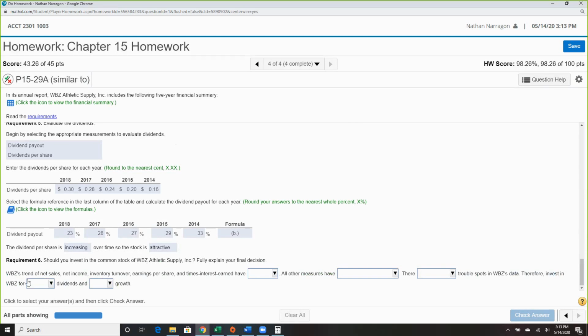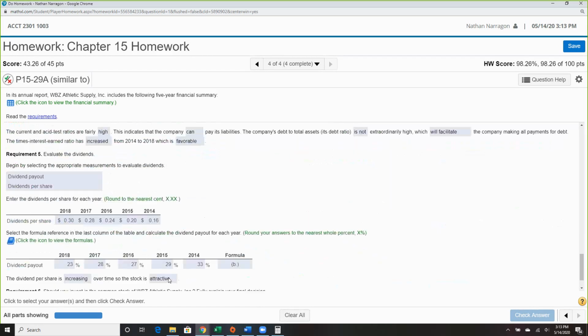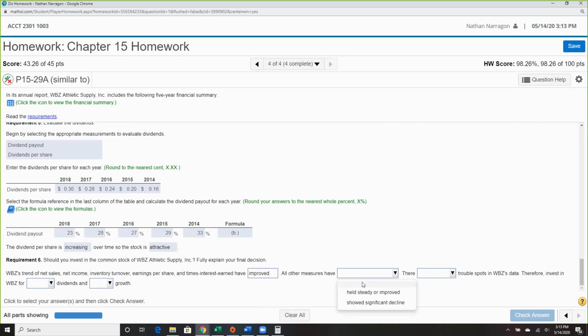WBZ's trend of net sales, net income, inventory turnover, earnings per share, and times interest earned have all improved. All other measurements have probably held steady. Not even going to look.